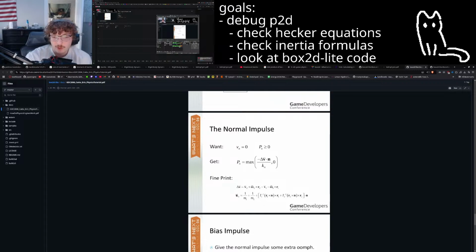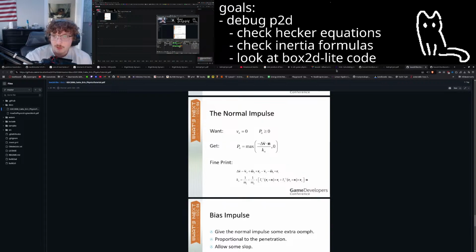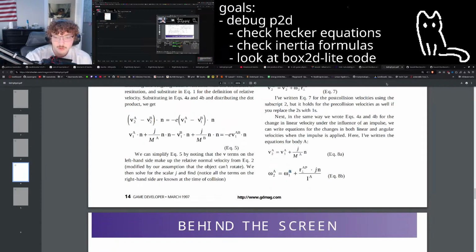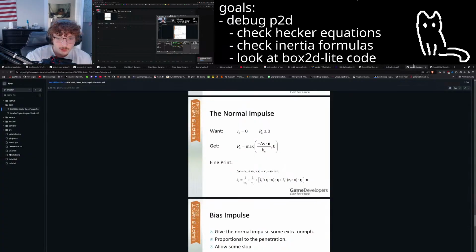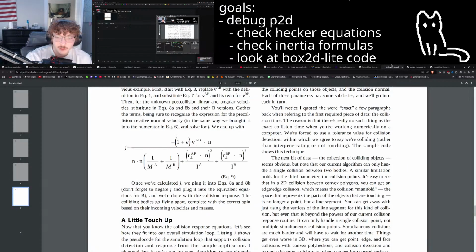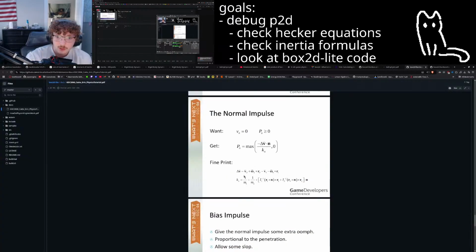This KN looks strikingly similar to the denominator in the Hecker article. You have the inverse masses. It's not dotted with the normal.